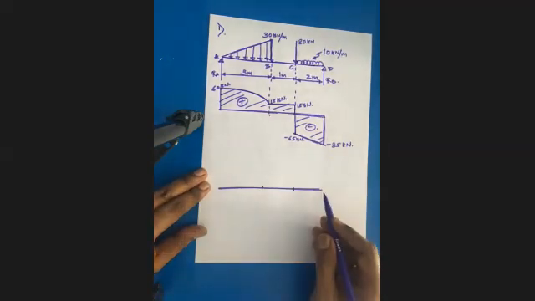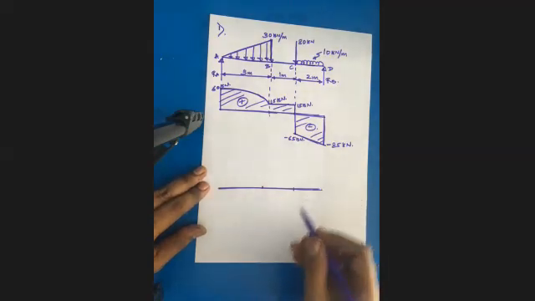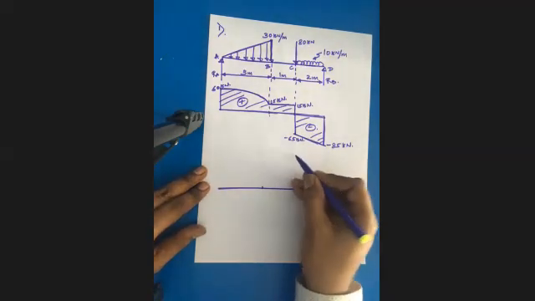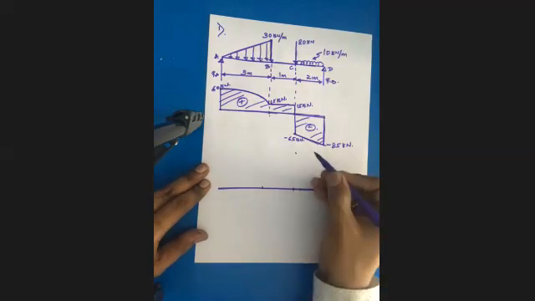Now bending moment at D is 0. What is bending moment at C? At C, it becomes 150 kilonewton meter. So that is this point, and the variation is parabolic.